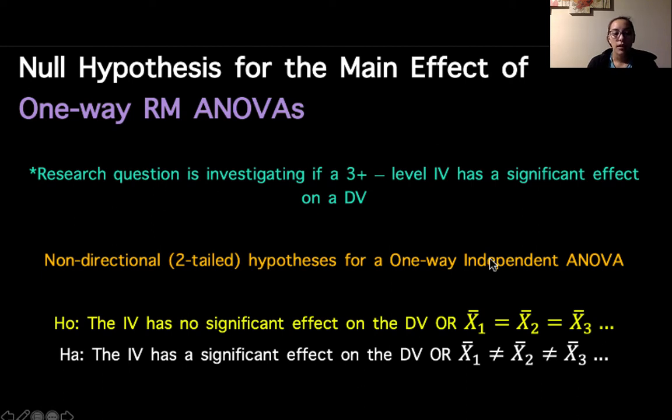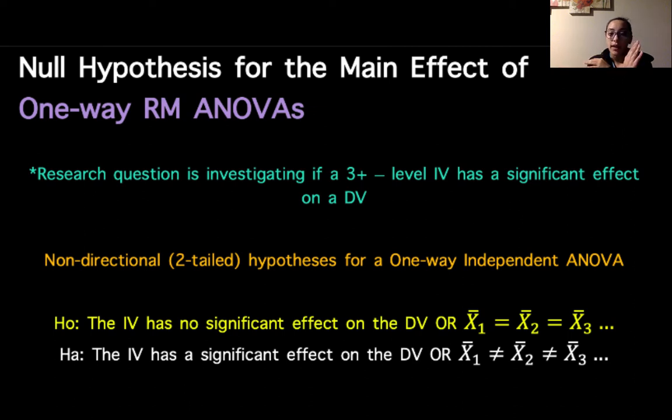But we are essentially looking at one sample of people who have been measured multiple times. So if you think about maybe we're trying a new intervention and we want to see if the effects of that intervention are retained over time. So maybe we take a baseline measurement before we've applied any of the treatment or the intervention, and then we take another measurement after 2 weeks and another measurement after 4 weeks.